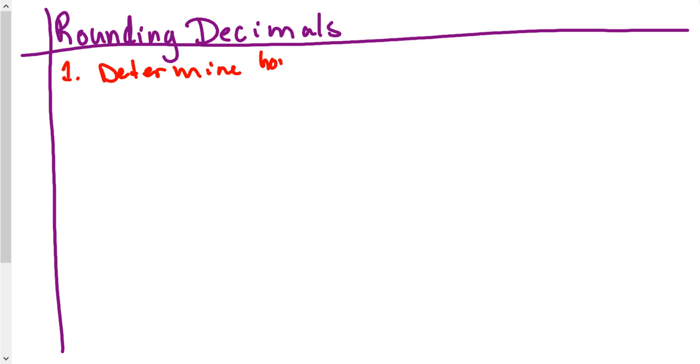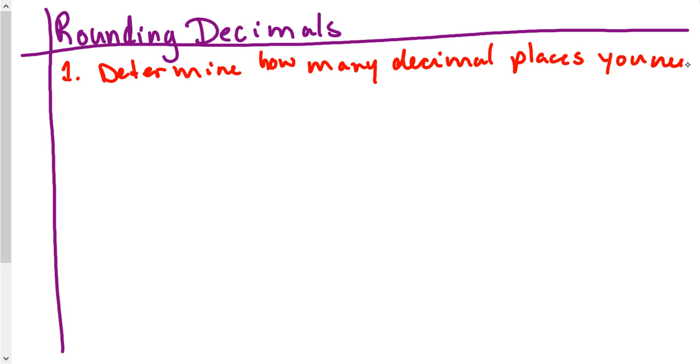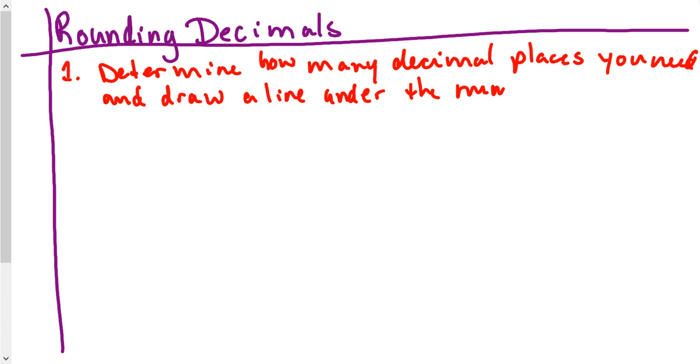Determine how many decimal places you need and draw a line under the number to that digit.